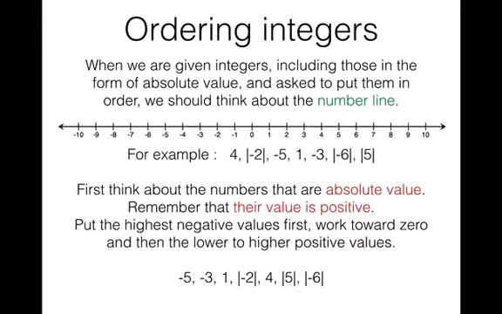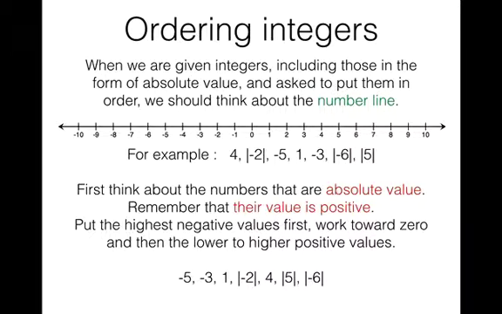So the rule is, first you think about the numbers that are absolute value, and you have to remember that their value is positive. Put the highest negative values first, and then work towards 0, and then the lower to higher positive values.